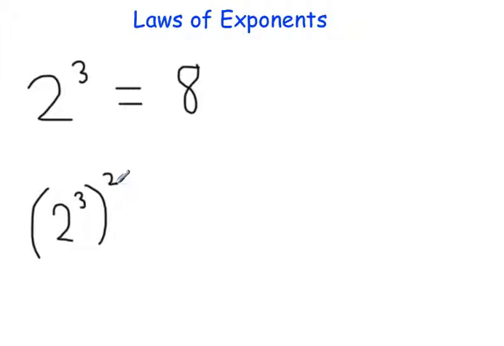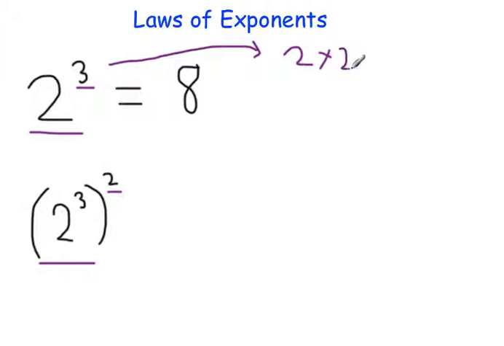This is still an exponential number. Now, our base is 2 cubed and our exponent is 2. Before, 2 was our base and 3 was our exponent. Remember, 2 cubed is 2 times 2 times 2, or 8.